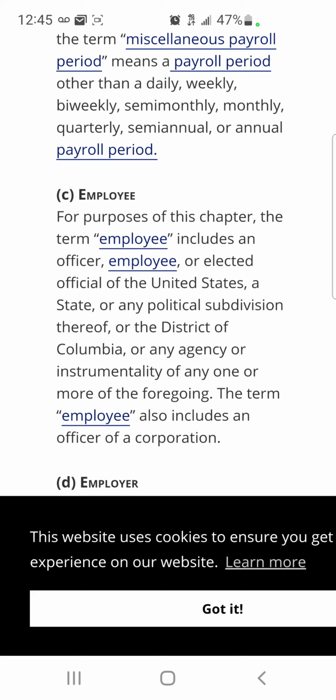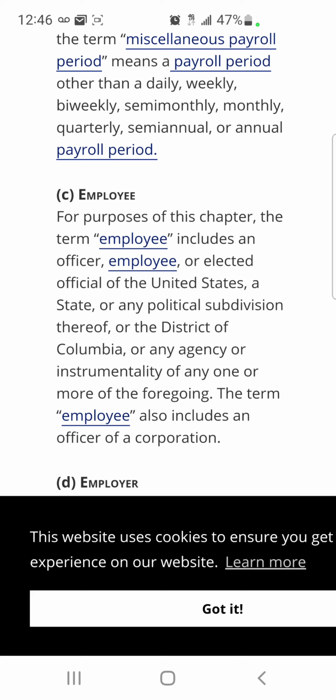It sounds more business-like, and they're trying to convince you that they are a government. So instead of saying subsidiaries, they'll say things like agency or instrumentality of any one or more of the foregoing. And the foregoing is the elected official, the United States, a state or public subdivision thereof, or the District of Columbia. That's what foregoing means.